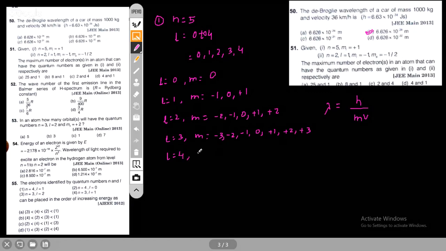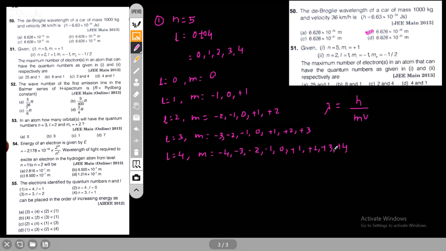If l is 4, m is minus 4, minus 3, minus 2, minus 1, 0, plus 1, plus 2, plus 3, and plus 4.